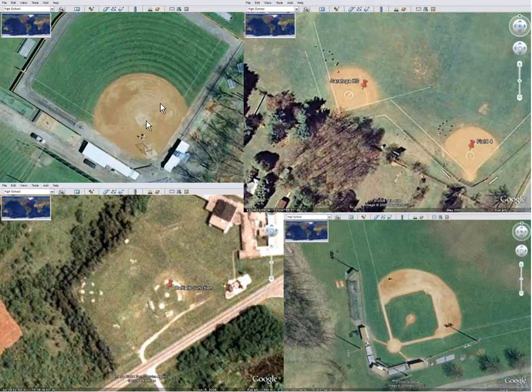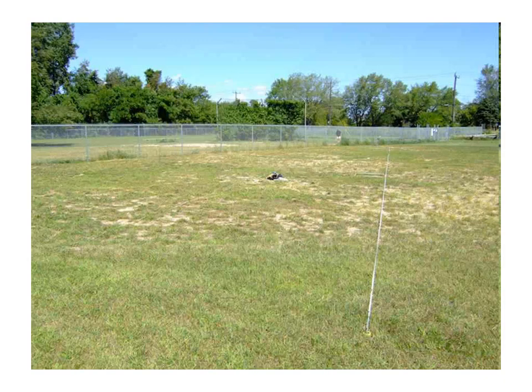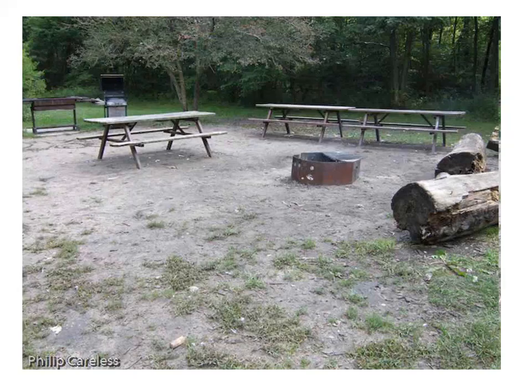And again, you can see here this field was recently raked, gets a lot of attention. You're not likely to find a wasp in that type of location. Another typical site, kind of a well-used park area, a lot of exposed soil, and campgrounds have been found to be great nesting habitats.